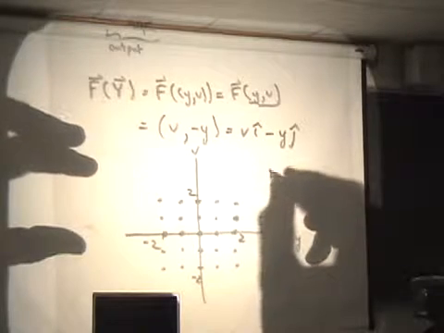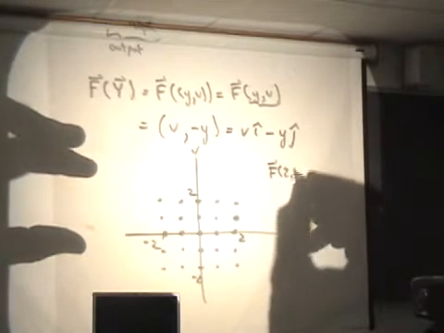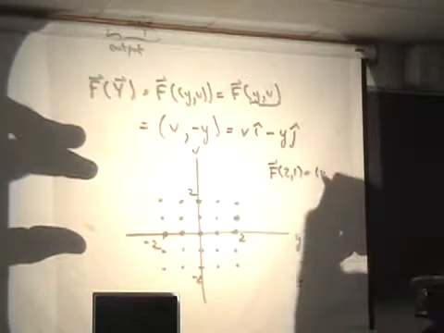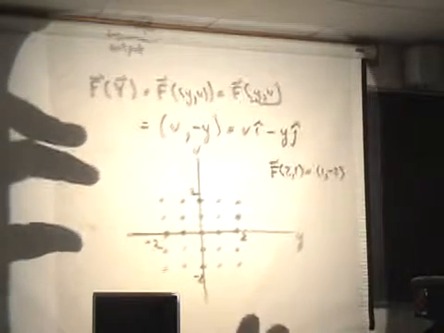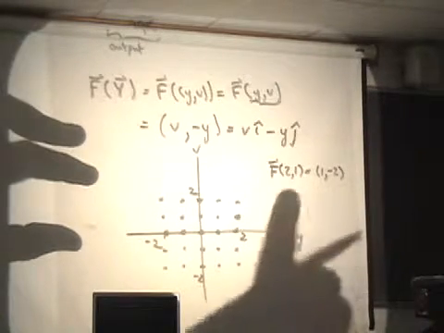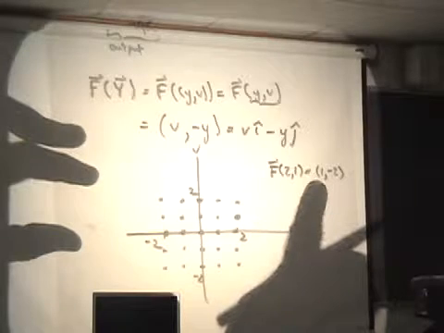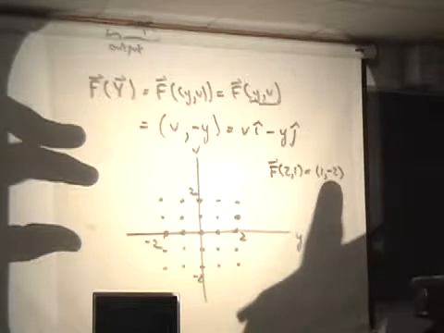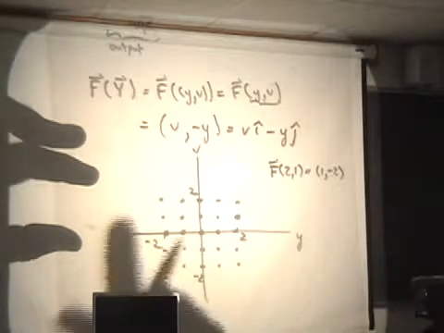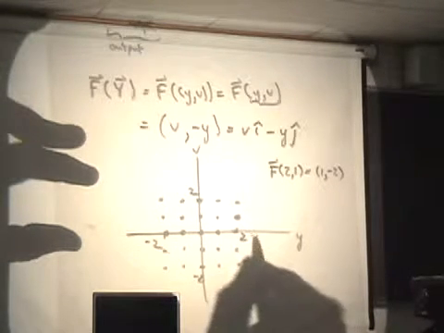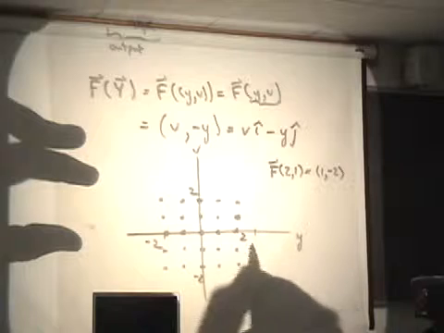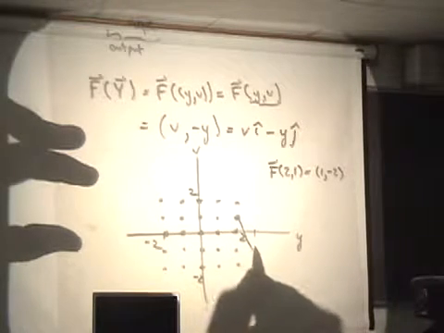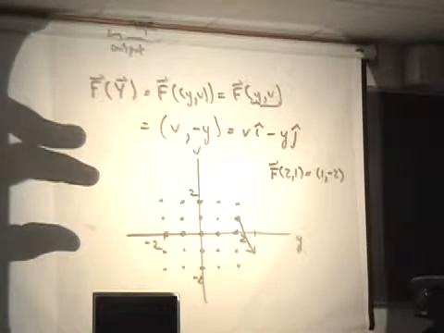I would write f of (2, 1) is (1, -2). So at the point (2, 1), I draw a vector, an arrow, with a horizontal displacement of +1 and a vertical displacement of -2. So it's an arrow moving to the right by 1 unit and down by 2 units. It would look like that.